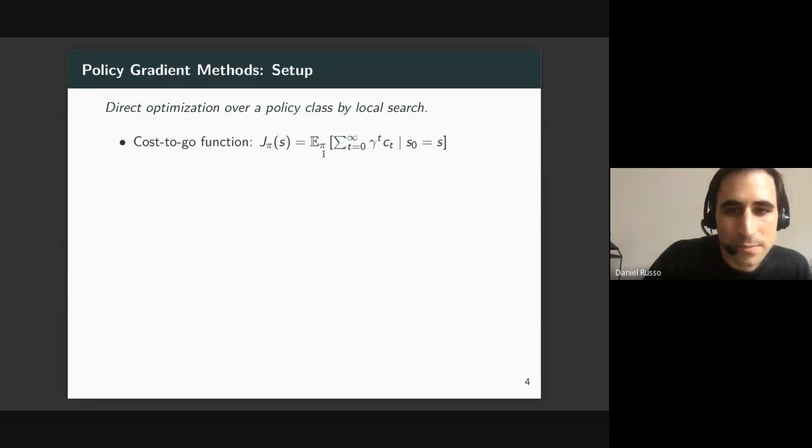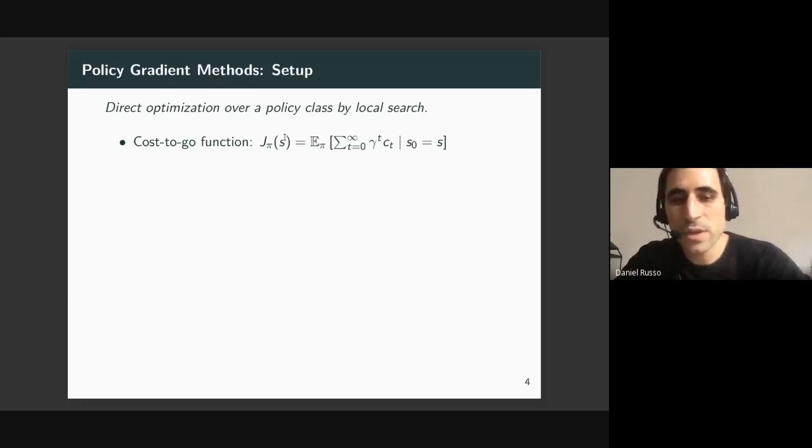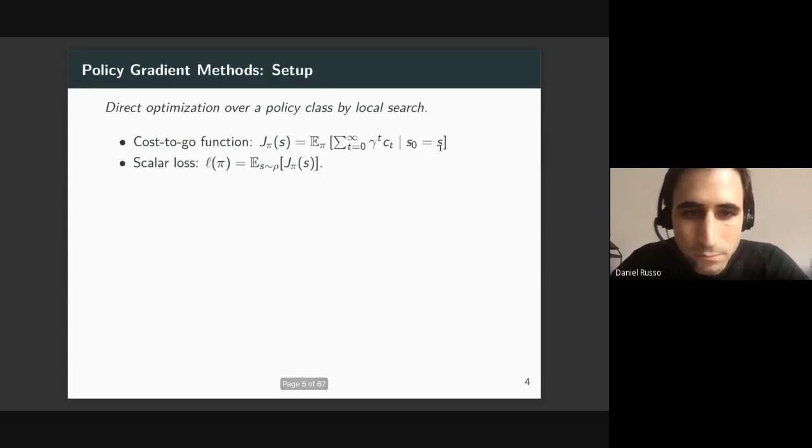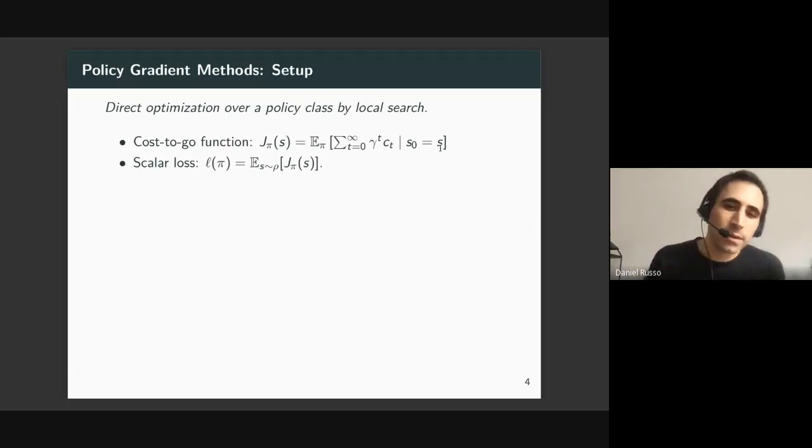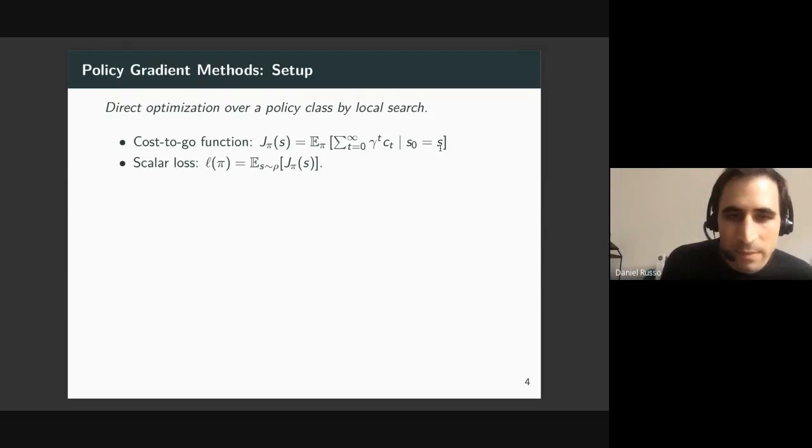Fixing some notation, we'll denote cost-to-go functions by J sub pi. This measures the cumulative expected cost to go from any initial state s, where gamma is the discount factor. In classical dynamic programming, you seek an optimal policy which minimizes cost-to-go in a strong sense.